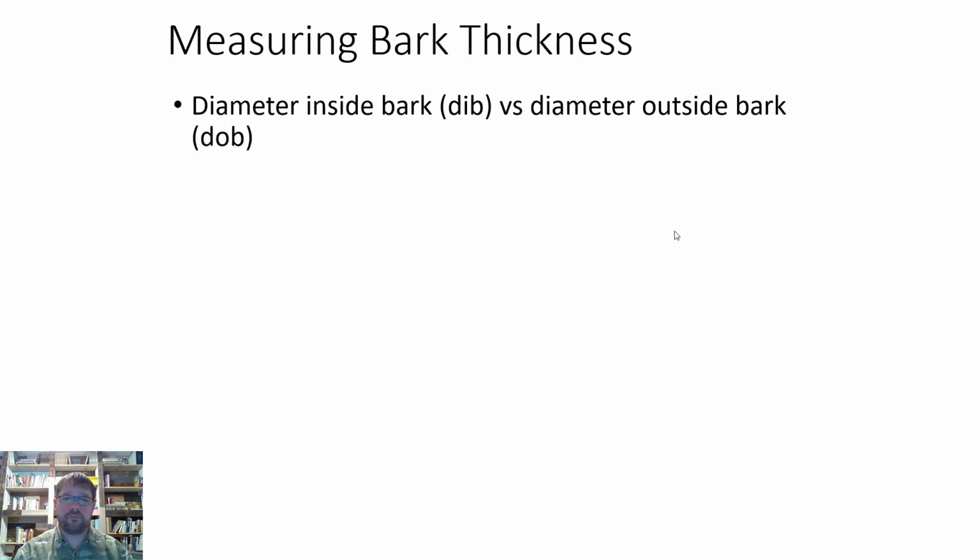We'd instead label them what they actually are: DIBs, or diameters inside the bark, or DOBs, diameter outside the bark. Okay, so again, DOBs are simple. They're easy. You just wrap the DBH tape around the tree, get your number, move on.